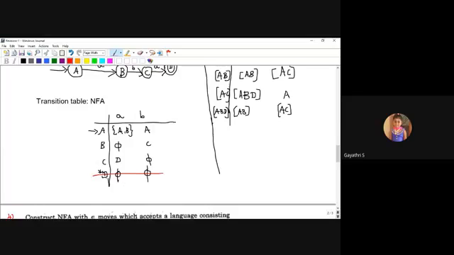So D is removed, right? D is removed. So consider C. C has a transition on D as well as phi, right? D is removed, so I will also remove C. C is removed. B has a transition on now empty as well as C. C is already removed. So this will also make no change in the transition table.